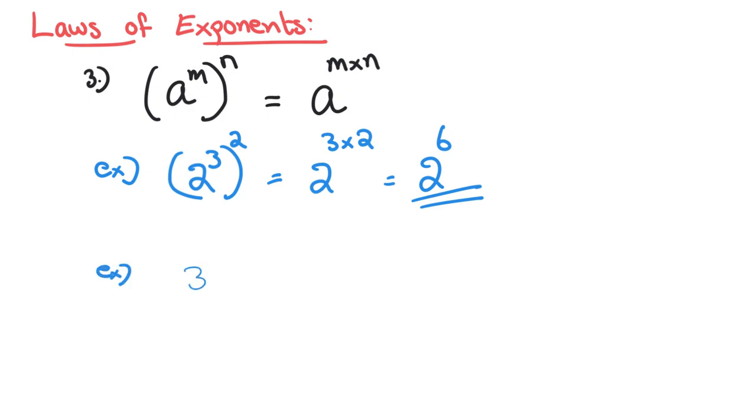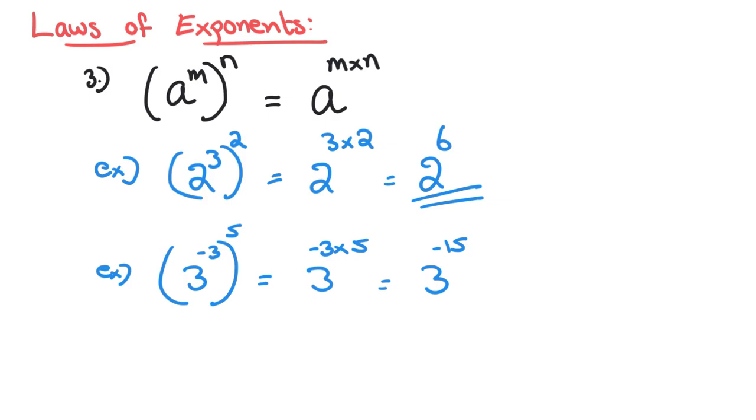Okay, let's look at another example. 3 to the power negative 3, the whole thing raised to the power 5. Can you tell me what it will be? The law remains the same, whatever the powers are. So 3 to the power negative 3 times 5, which is 3 to the power negative 15.